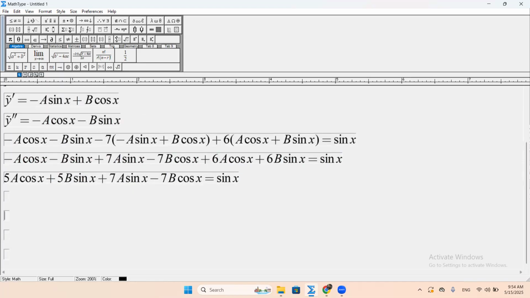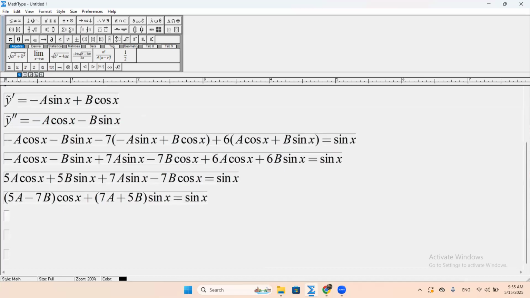Now we regroup around trigonometric functions: regrouping around cosine, (5A minus 7B) cosine of x plus (7A plus 5B) sine of x equals sine of x.